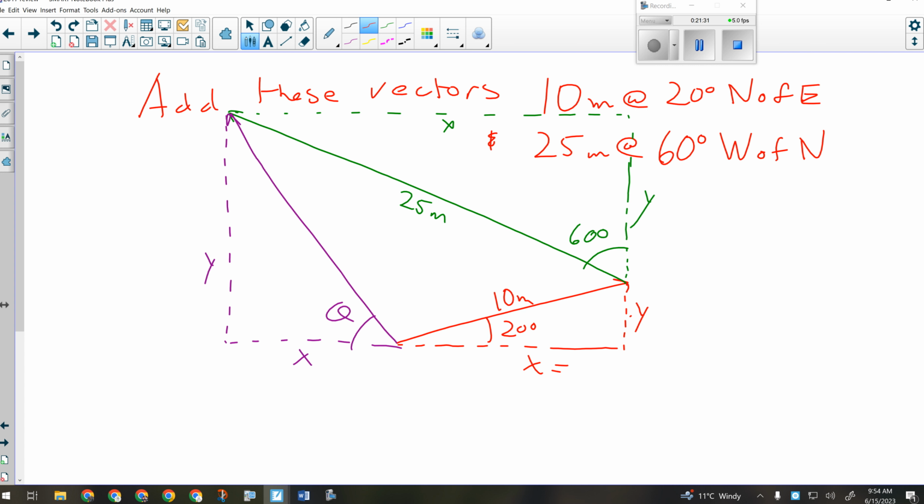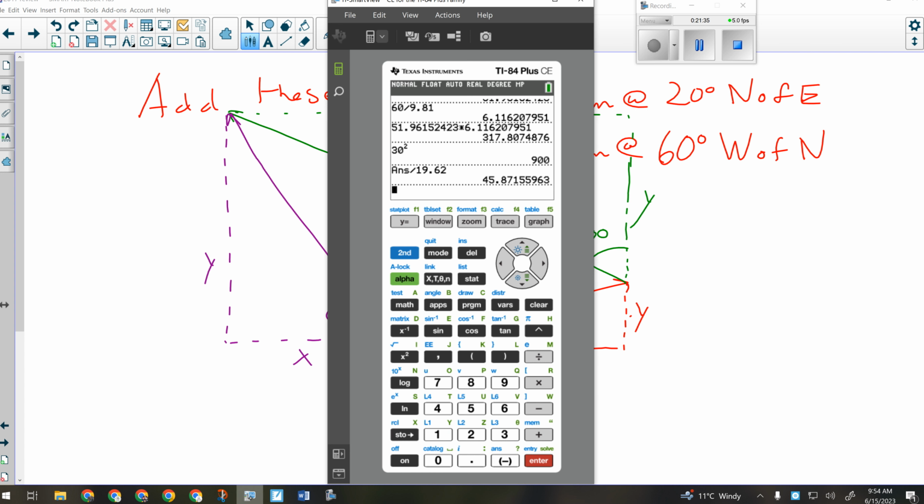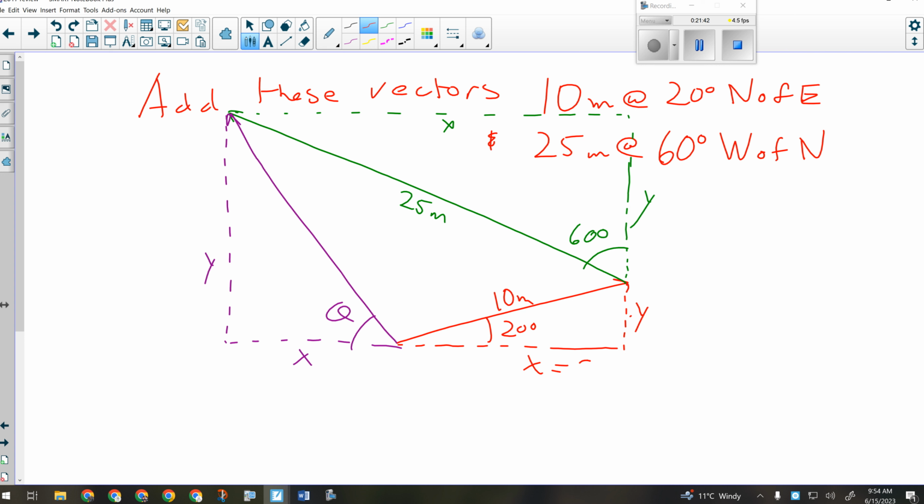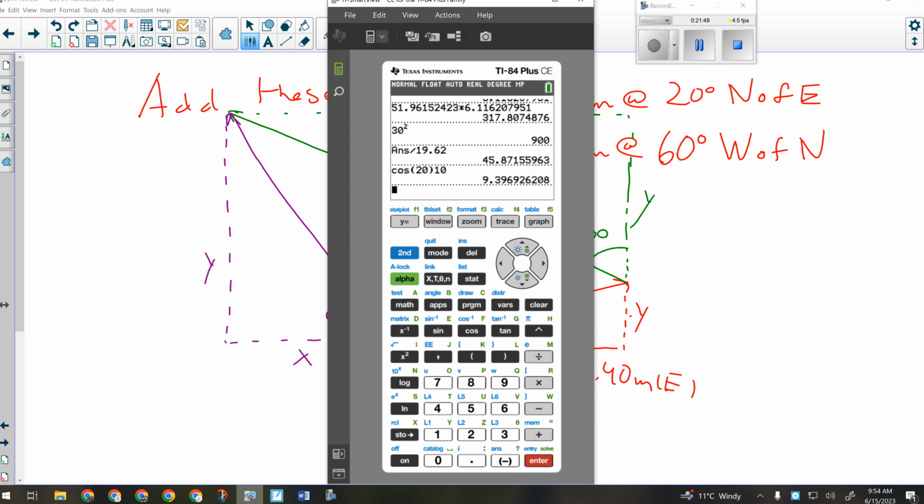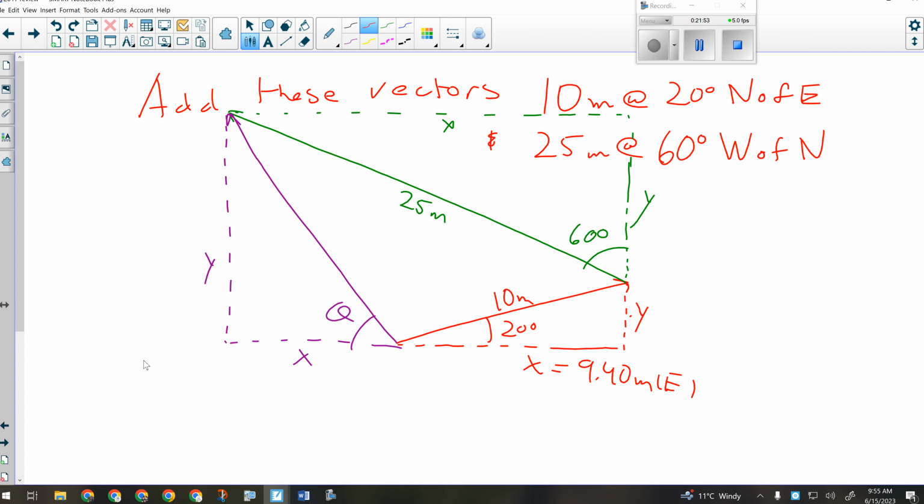This x here is the adjacent side, so cos of 20 times 10, 9.39, and that's east. Sine of 20 times 10, 3.42, north.